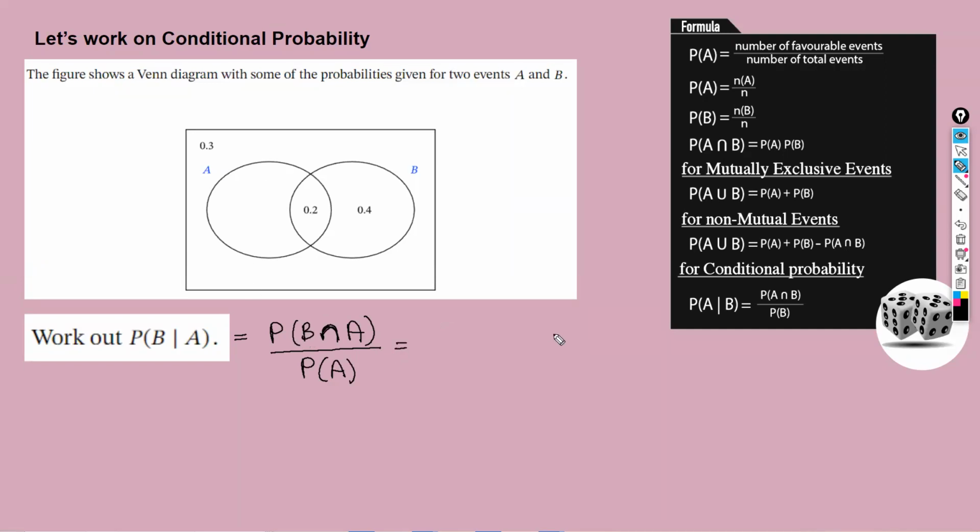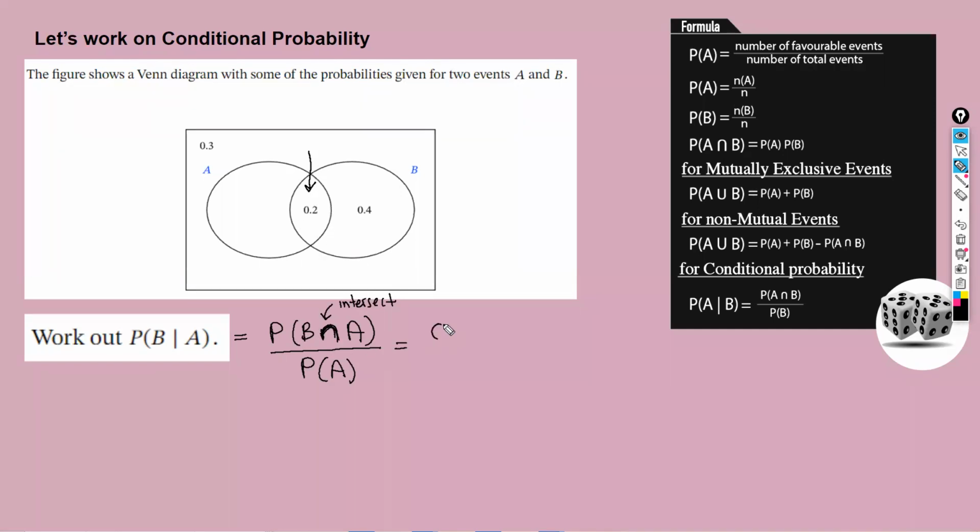Look at the Venn diagram. What's the probability of B and A? Remember, in Venn diagrams, this means intersect, right? That's where they overlap.